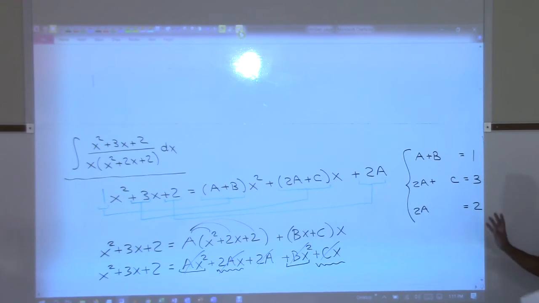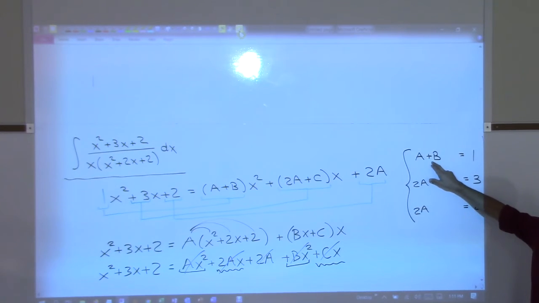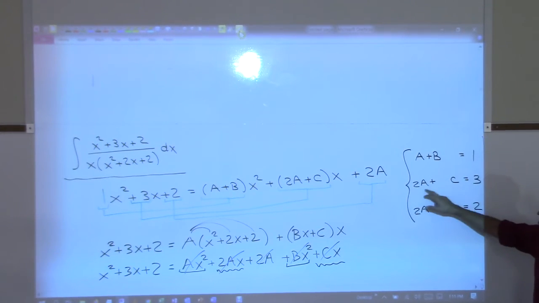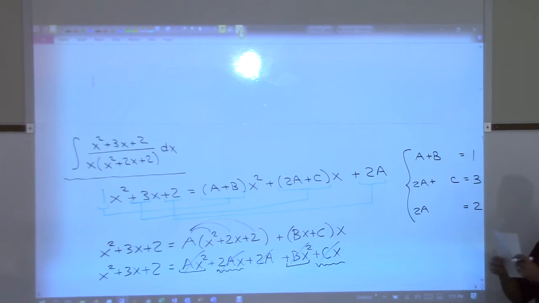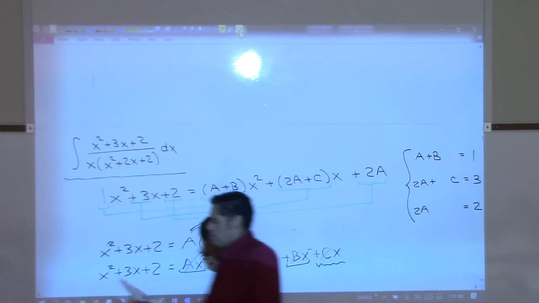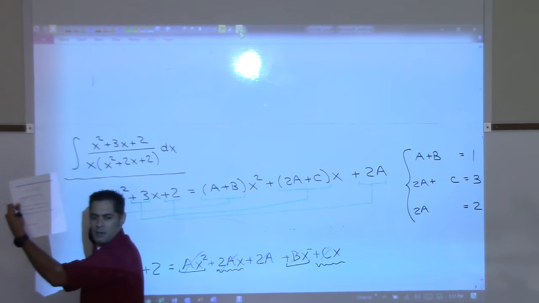Now, again, I wouldn't use the calculator for this, but if this was like a plus b plus c equals 1, and this was 2a, let's say, plus 3b minus c equals 3, then we would want to do something a little faster. All right, so what we're going to do, according to this, does everyone have a copy of this? I put it on the desk in front of you?